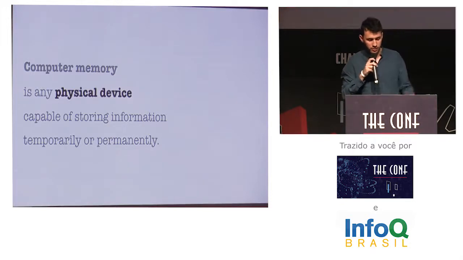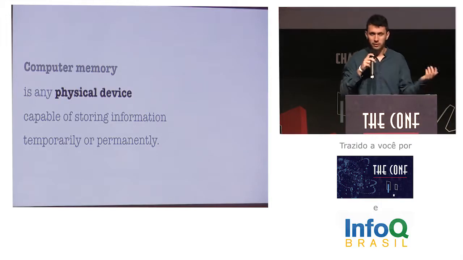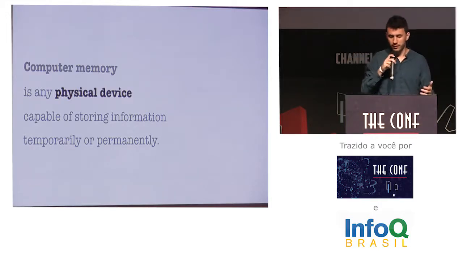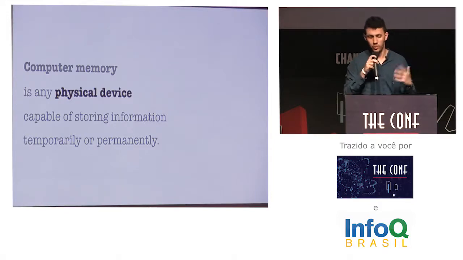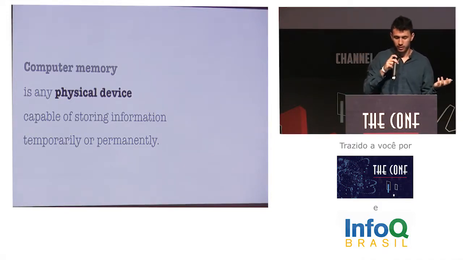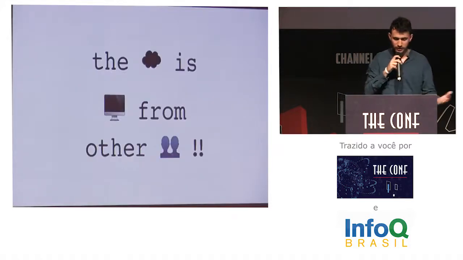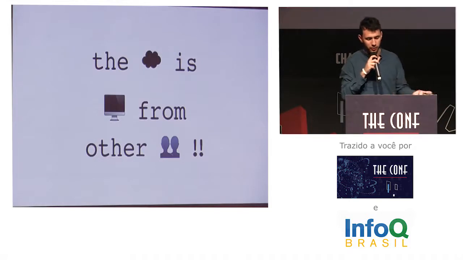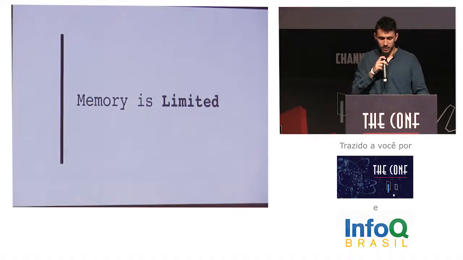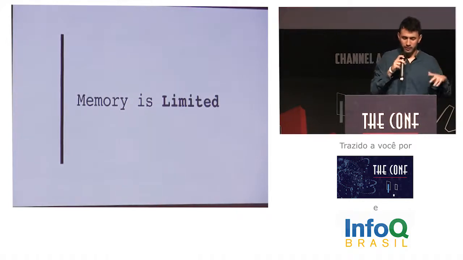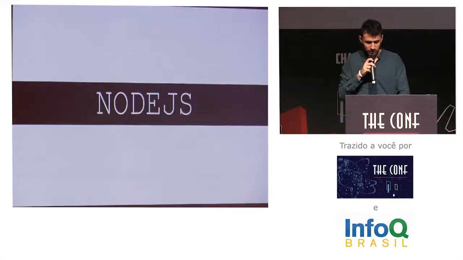This means it is not so simple to start 100,000 apps with max configuration, using memory as you wish, with no problem. That is not our reality. The cloud is a computer from other people. Cloud is a lie. Memory is limited.